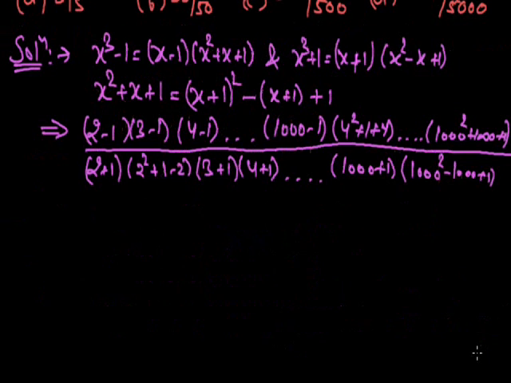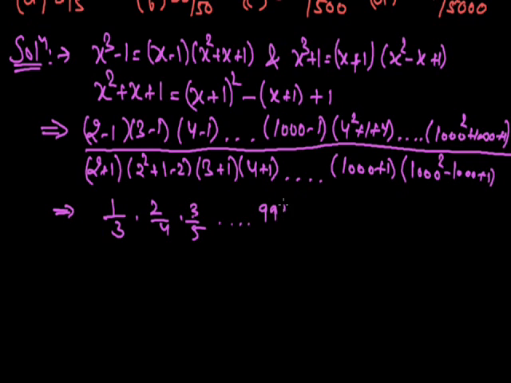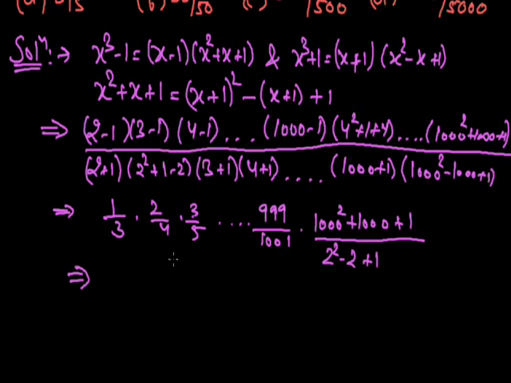After cancellation, the given expression would be like this: 1 upon 3 into 2 upon 4 into 3 upon 5 into and so on up to 999 upon 1001 into (1000 square plus 1000 plus 1) whole upon (2 square minus 2 plus 1). We can see that 3 will be cancelled out by 3, 4 by 4, and 5 by 5, so all the terms will be cancelled out except 1 into 2 and 1000 into 1001.